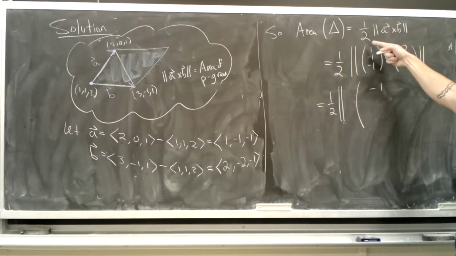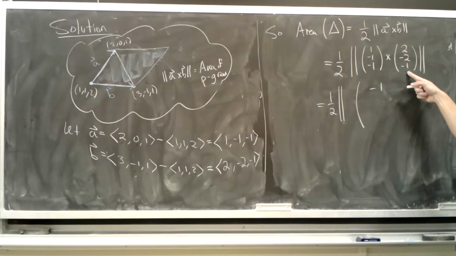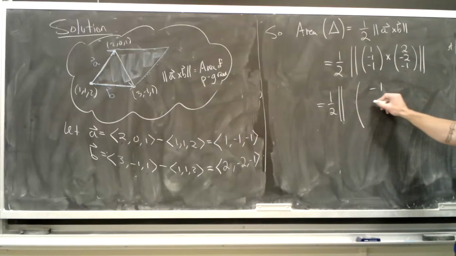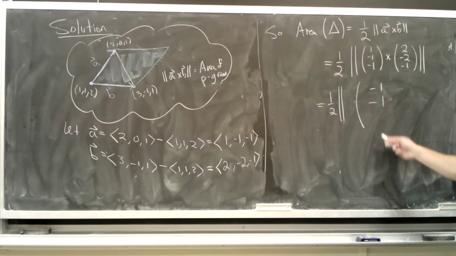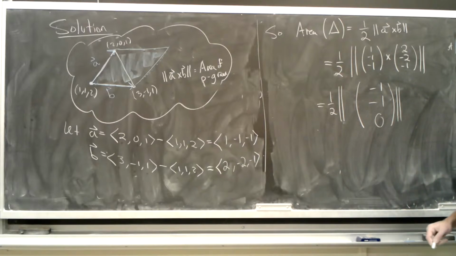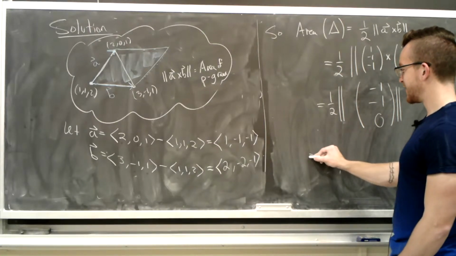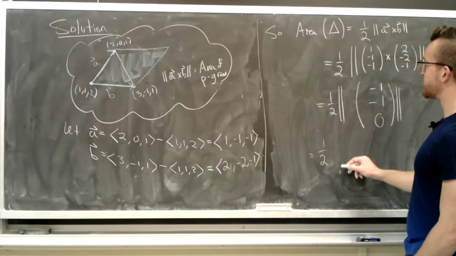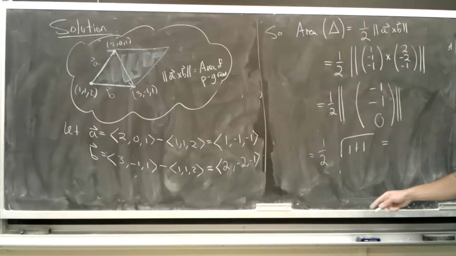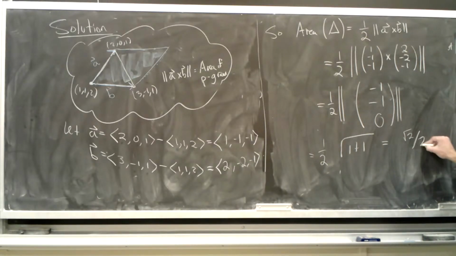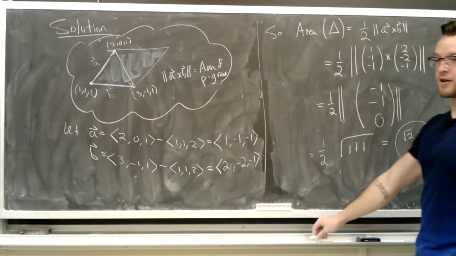Negative 2 minus negative 1 is negative 1. And negative 2 minus negative 2 is 0. I may have done that correctly. The magnitude of this vector is the square root of 1 plus 1. So I get root 2 over 2. That was pretty nice. That would be the area of that triangle.